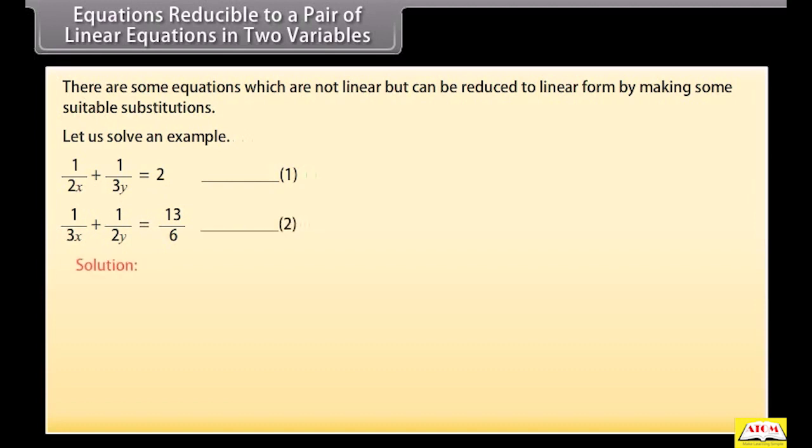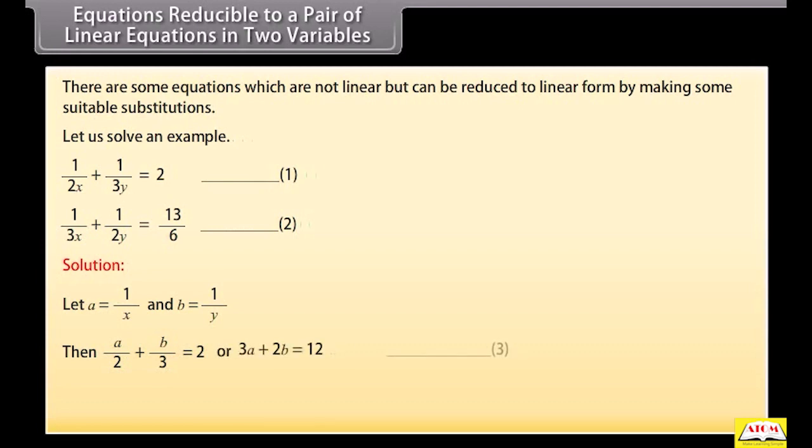Solution. Let a = 1/x and b = 1/y. Then a/2 + b/3 = 2, or 3a + 2b = 12, equation 3. And a/3 + b/2 = 13/6, or 2a + 3b = 13, equation 4.